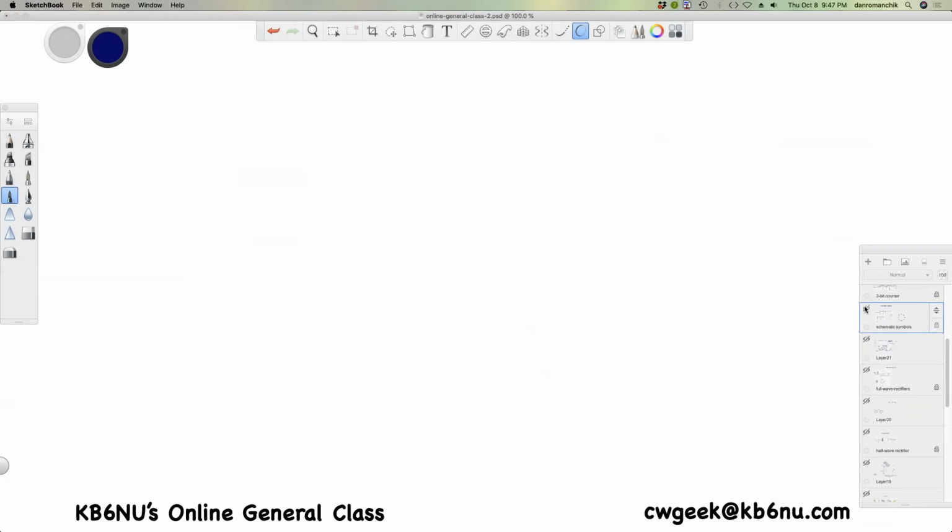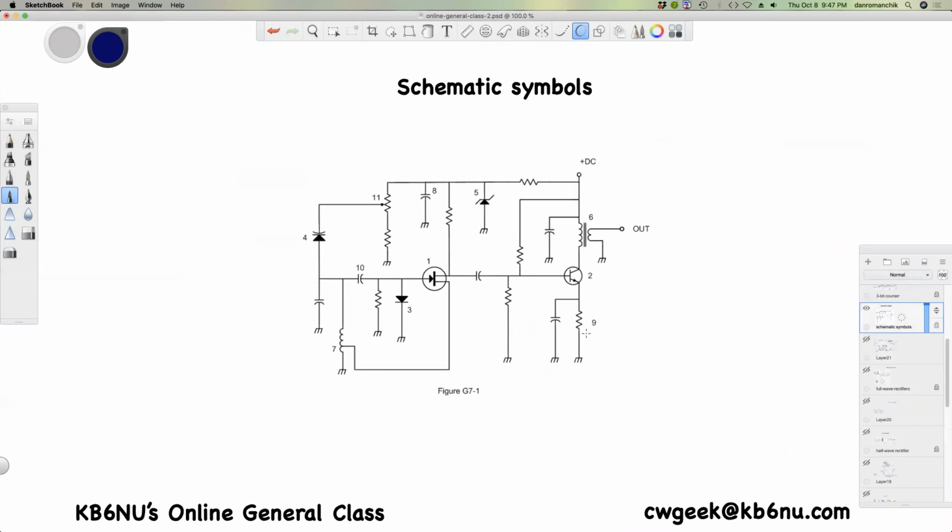Next session is about schematic symbols, and it references this schematic. This schematic is of an oscillator circuit, maybe an amplifier too. You've got two transistors there.